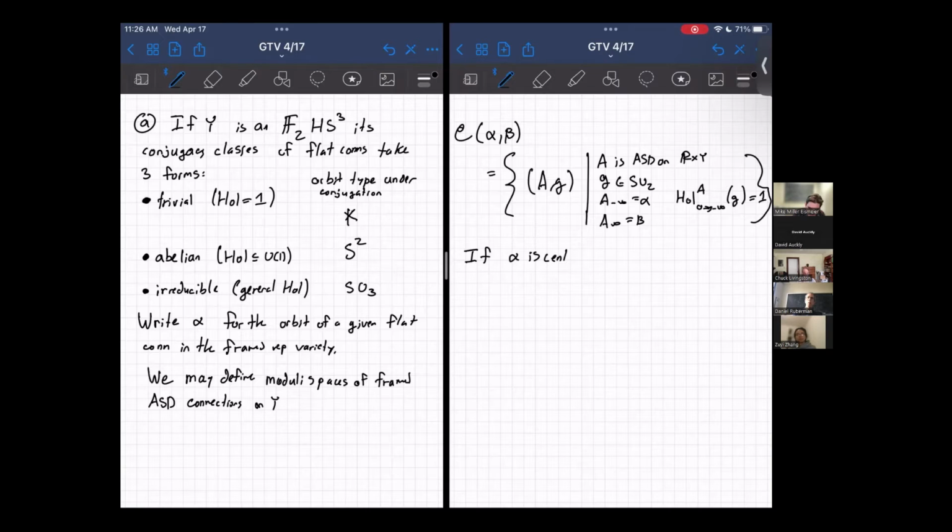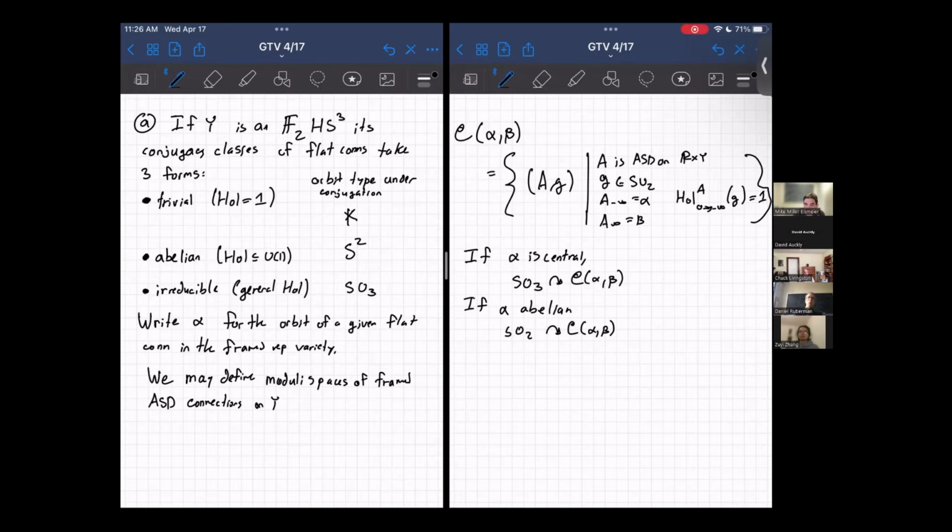Alpha is central: there's an SO3 action on this. Alpha is abelian: there's an SO2 action on this. And if alpha is irreducible, it's just a space. There's no remaining action whatsoever.